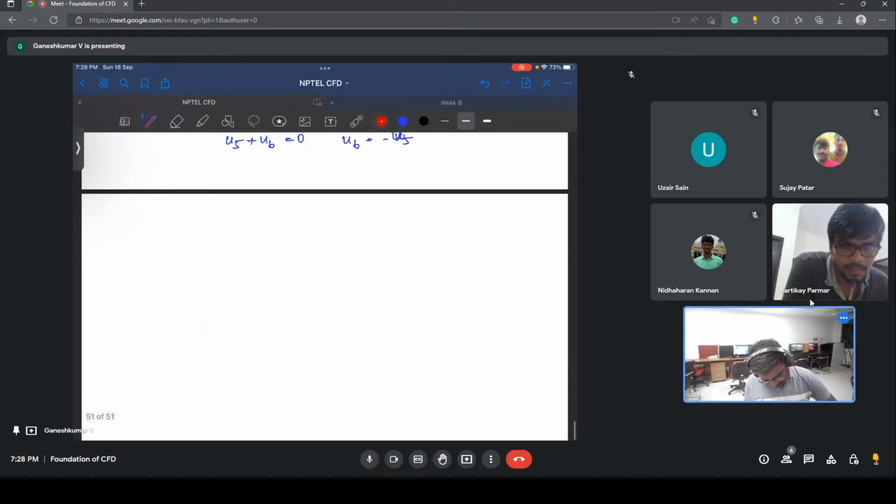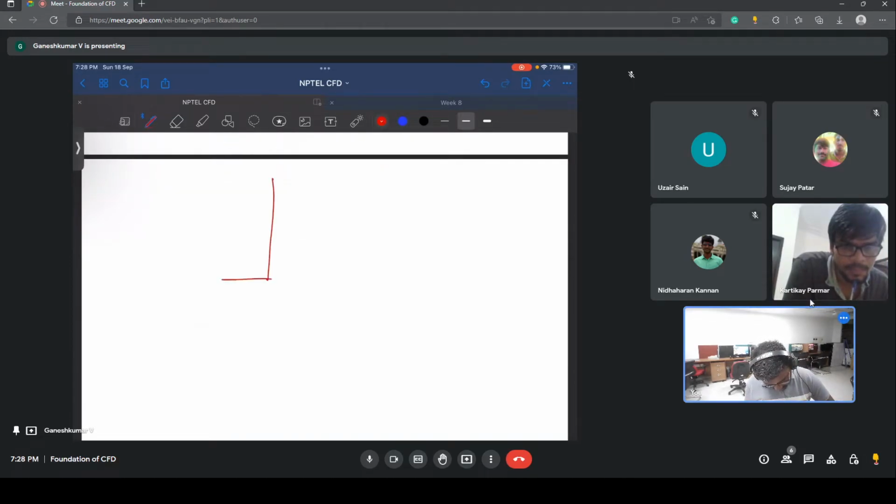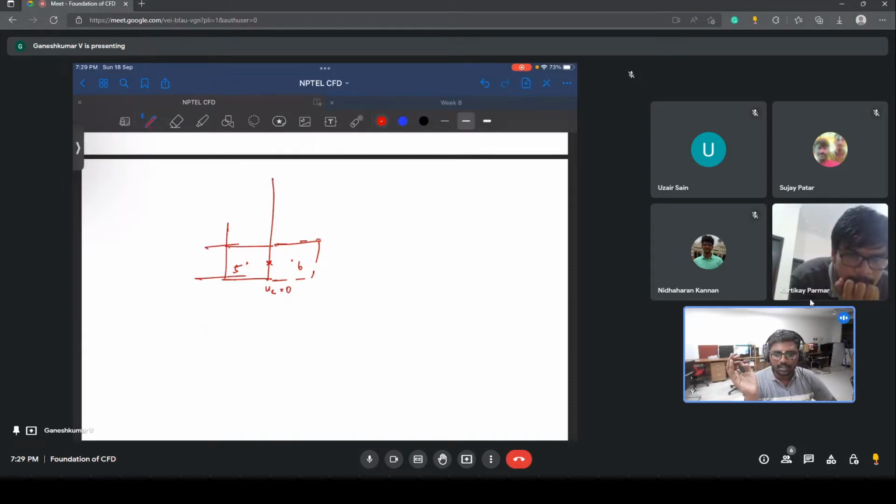Let's say you have this cell, and this is the ghost cell 6. Now you have u east to be 0. A more rigorous way of implementing a boundary condition is this.